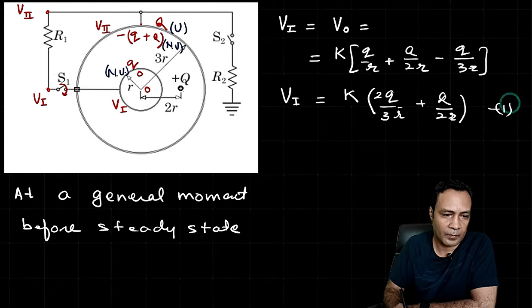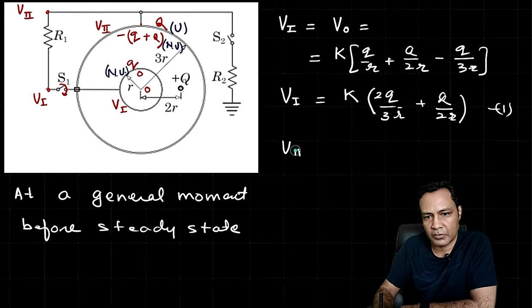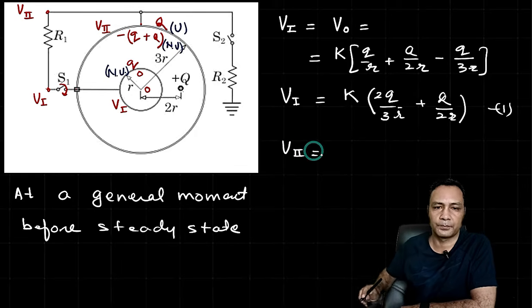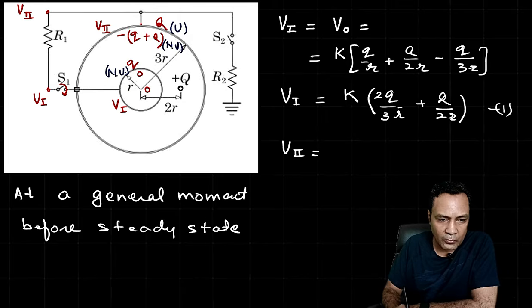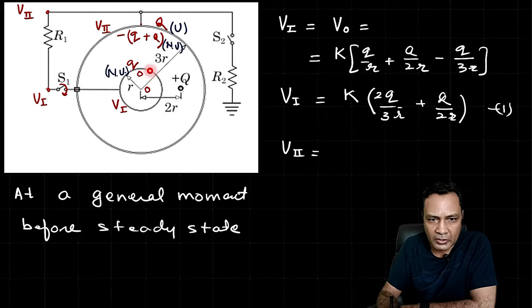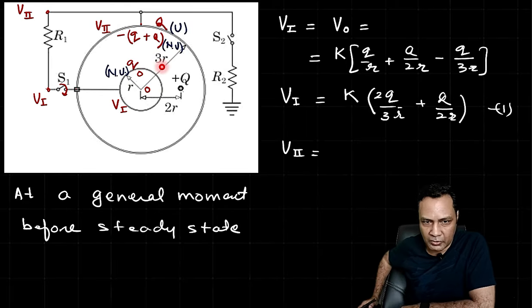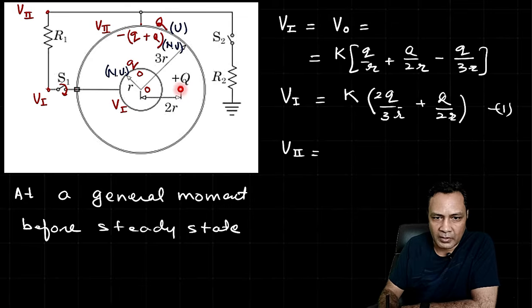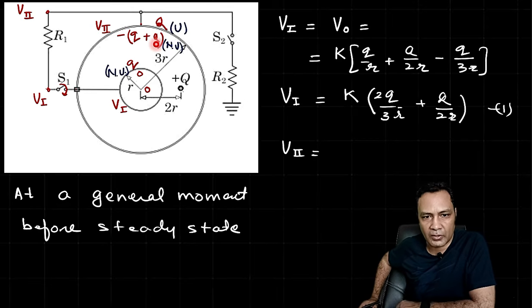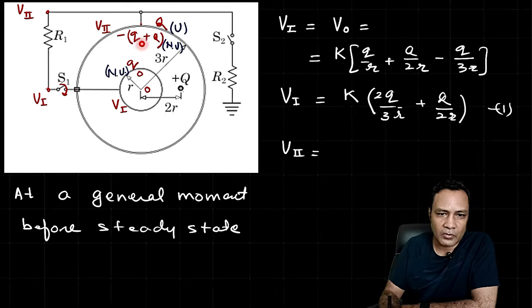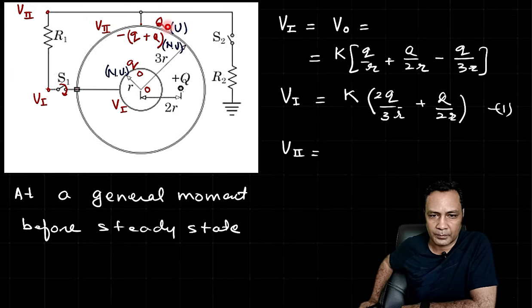Equation 1. And the potential of shell 2, there is going to be some problem, but there is a way. If I want to write potential by each part, because of this one I cannot write potential here because this is non-uniformly distributed. Because of this part I cannot write potential because these are non-uniform. Because of this part I can write, but there is a way.